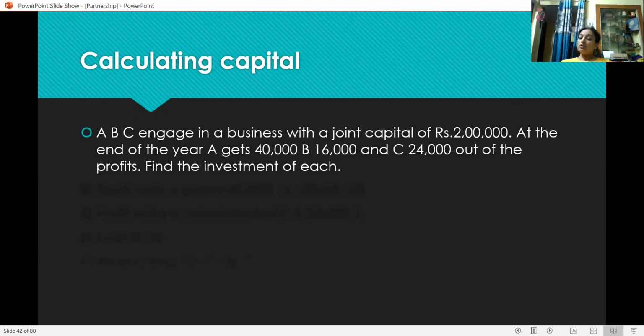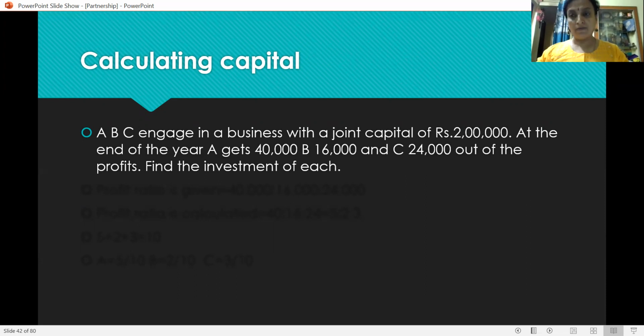Okay. So let us go with the next problem. A, B, C engage in a business with a joint capital of 2 lakh. At the end of the year, A gets 40,000, B 16,000, C 24,000. So that is the profit they are getting, and now we have to calculate their capital.